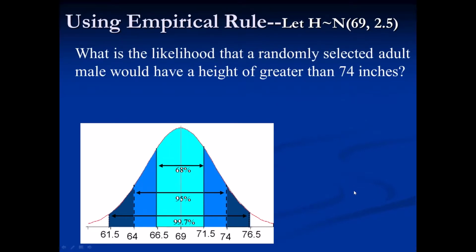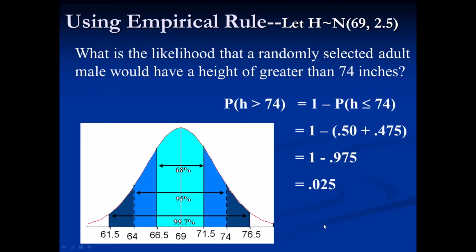What is the likelihood that a randomly selected adult male would have a height greater than 74? Well, let's see. That's going to be 50% up to the median, and then up here, so that should be 0.84? Oh, it's greater than that, so let me redo that one.